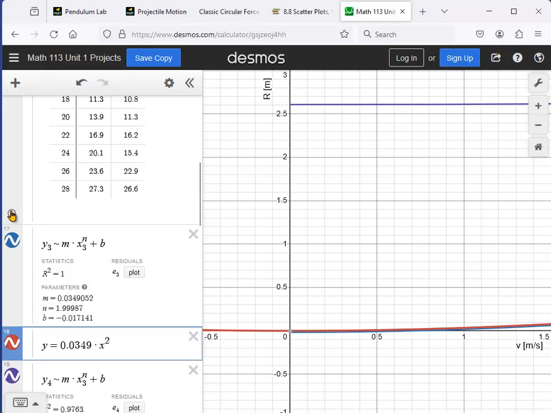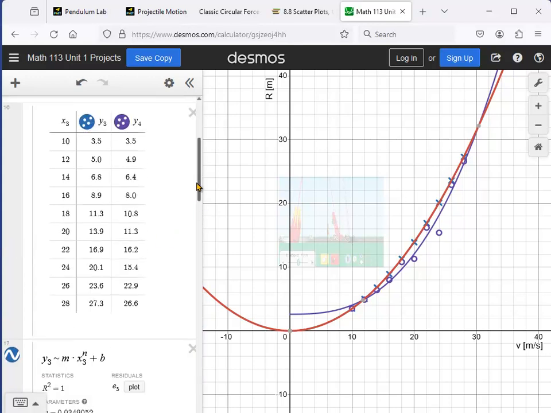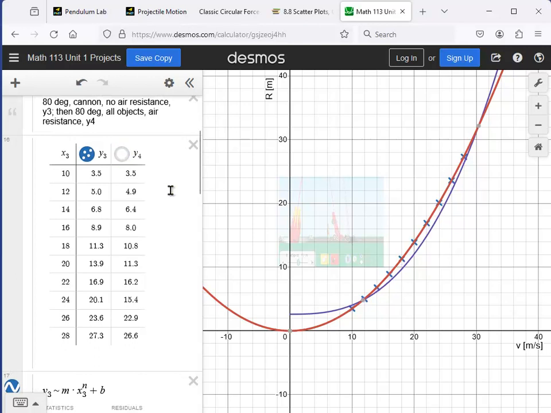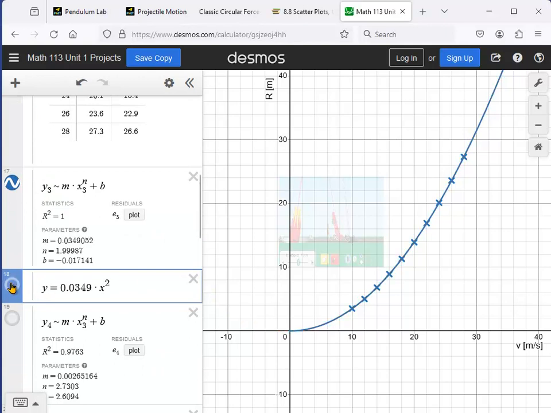Oh, I forgot to hit that little plus sign. And in any case, I think it's already there because the b is really small. I'm going to turn off, let's see, I think this one and this one. And then we can see that the red curve, the square, is the same as the blue one right there.